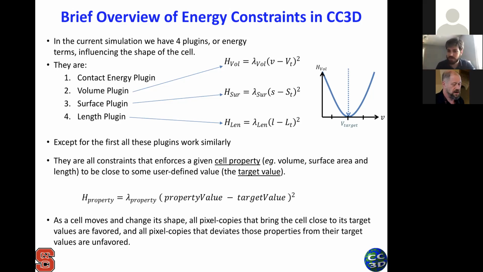When you go to 3D simulations, the volume is the number of voxels. A voxel is a pixel in 3 dimensions, and that is the actual volume. And the surface is the boundary surface of the set of voxels that make up your cell. So in a 2D simulation, surface means perimeter, and volume means area.